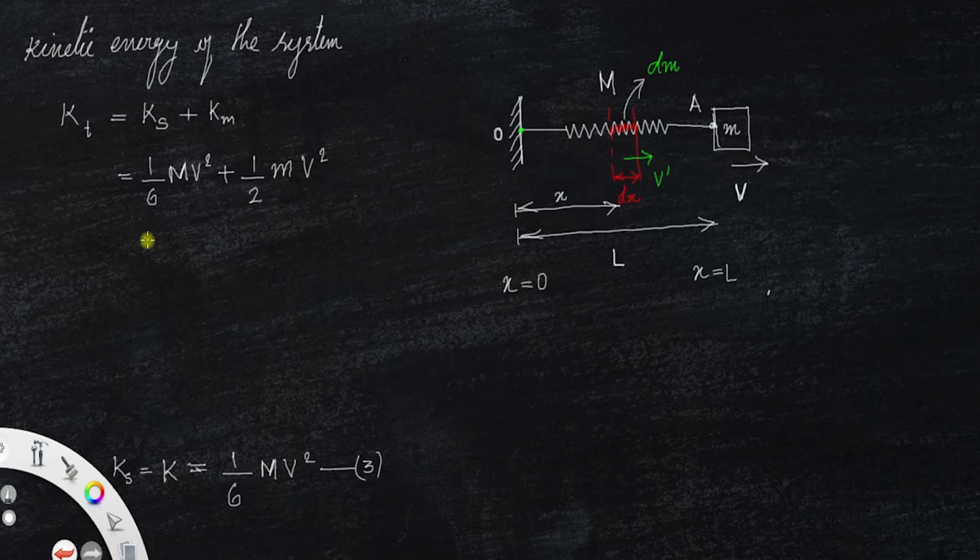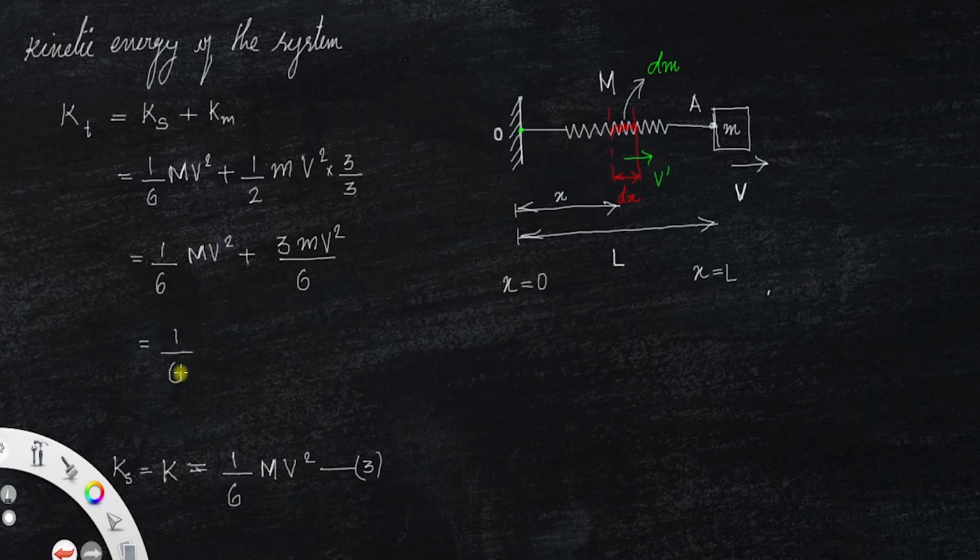So this can be written as 1 by 6 m v square plus, you can multiply both the numerator and denominator with 3, so m v square divided by 6. Now you can take that 1 by 6 out.